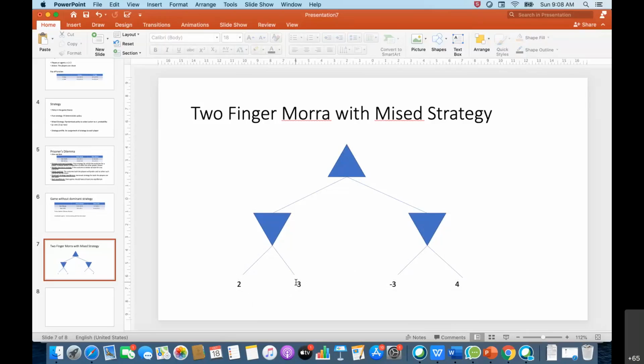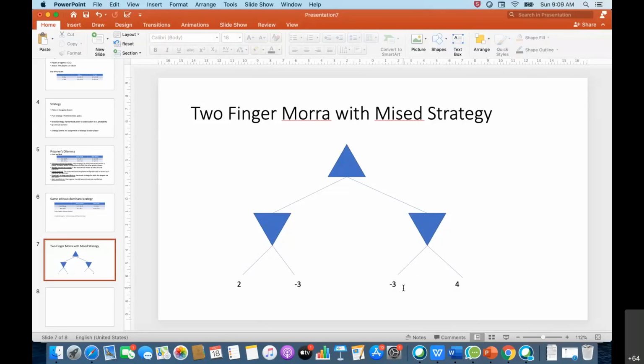Whereas if O is showing two fingers, then E is going to lose 3, that is -3. O is again going to gain 3. Similarly, now E is showing two fingers and accordingly O is selecting her fingers.